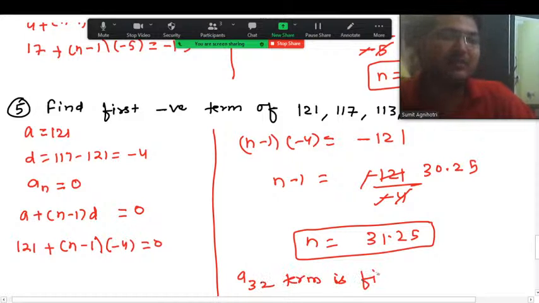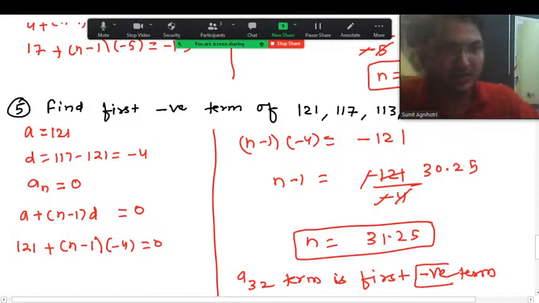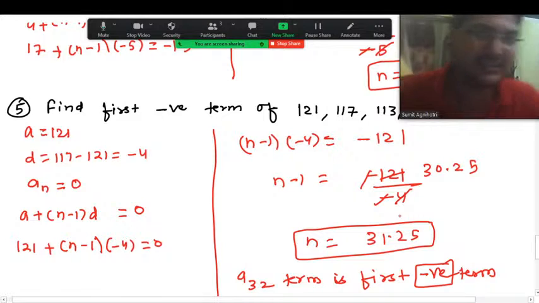Can you tell me how? It is quite clear and I have just concluded it. Why am I saying that 32nd term is the first negative term? How have I concluded by determining this n?